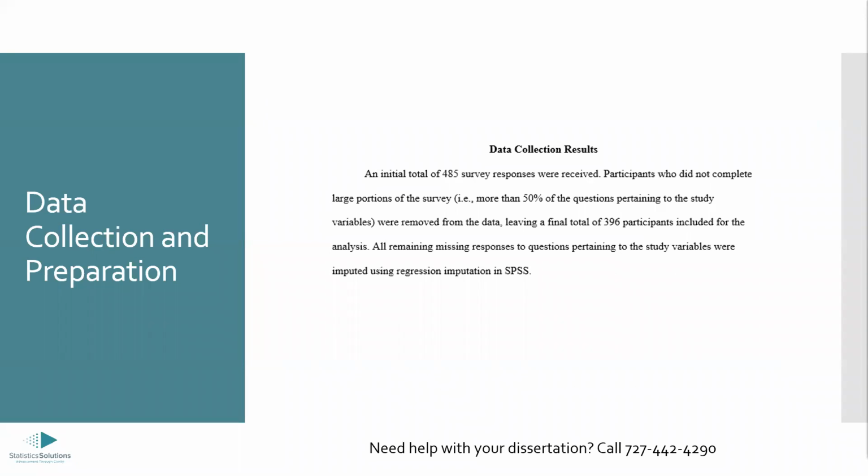So for instance, we see just a very brief example here where we talk about the total number of survey responses that we got for our study, what we did about participants who were missing responses, what our final total was, and then some information about what we did to treat the missing data in our study.